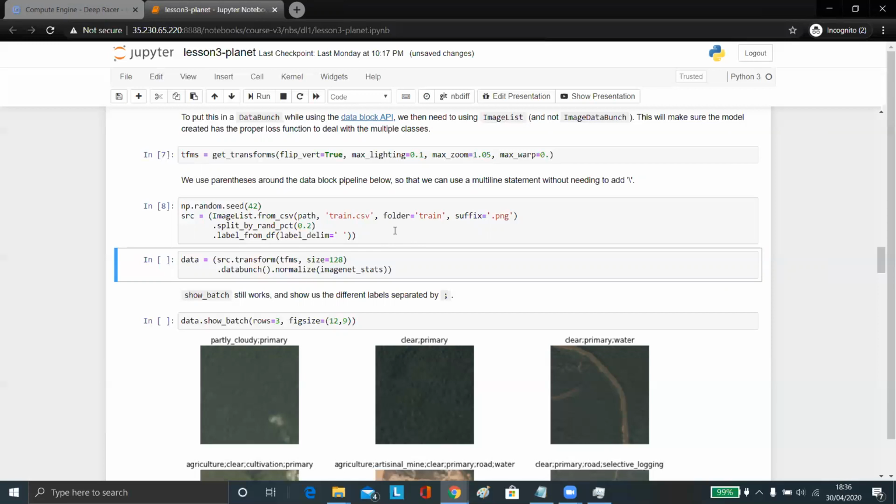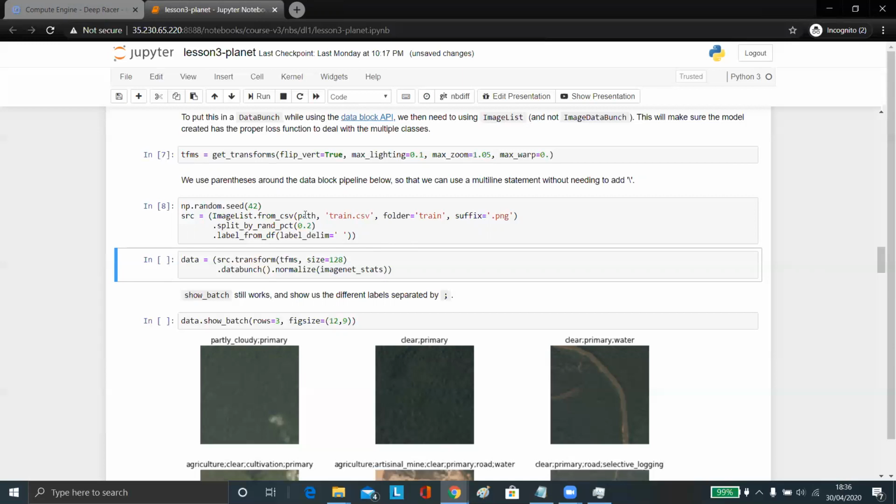But 128 is going to be a fairly low resolution image. If you look down below at the pictures of the Amazon rainforest, they're fairly high definition satellite imagery. When they get converted into 128 by 128, it's a bit grainy, but you can still sort of see what's going on.